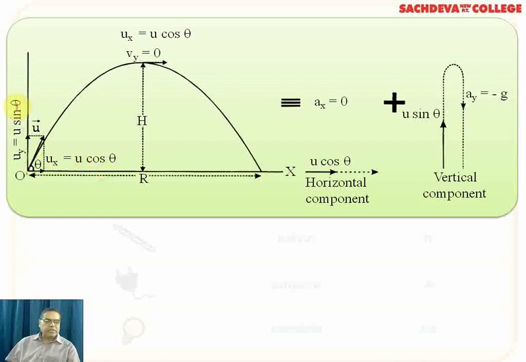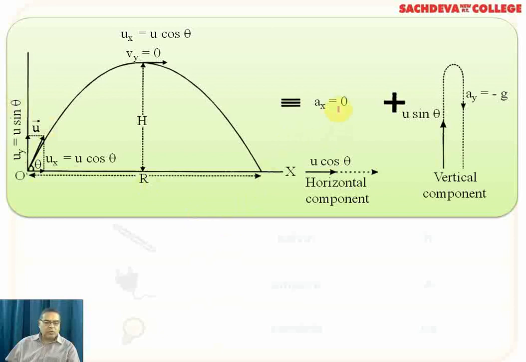When the body reaches the highest point, vy equals 0. And the distance from the horizontal to the highest point is called the maximum height of the projectile, and the particle which is moving from O at angle theta is called a projectile. So when it attains the maximum height, it starts coming down.